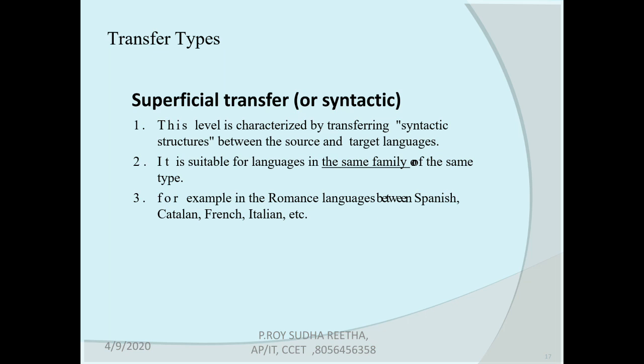The source language is transferred to a particular structure of the target language, and it is suitable to check whether they belong to the same family or the same type. If they belong to the same family, the transfer can be done syntactically using superficial transfer.